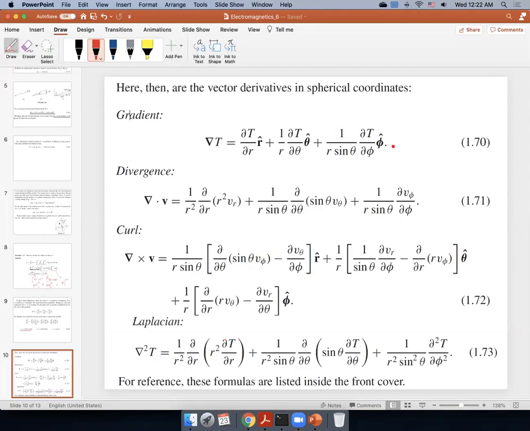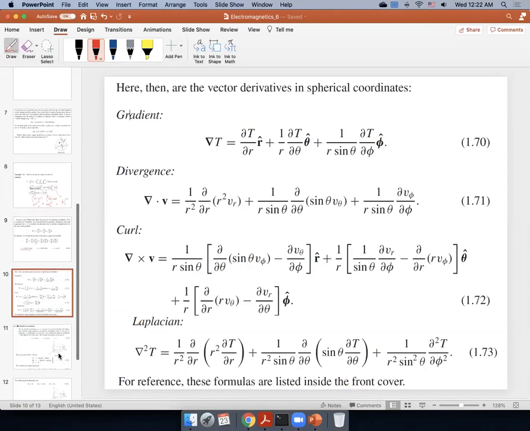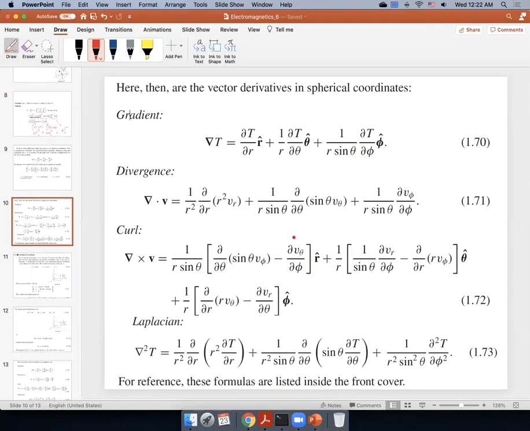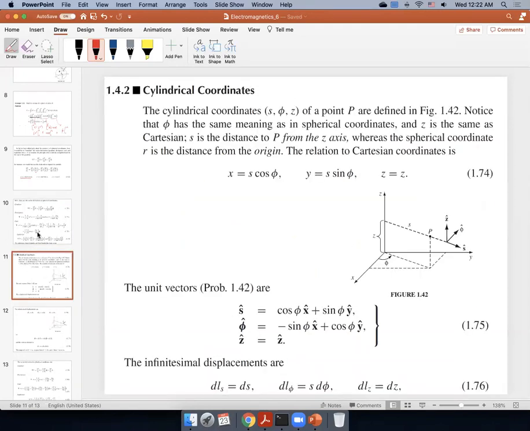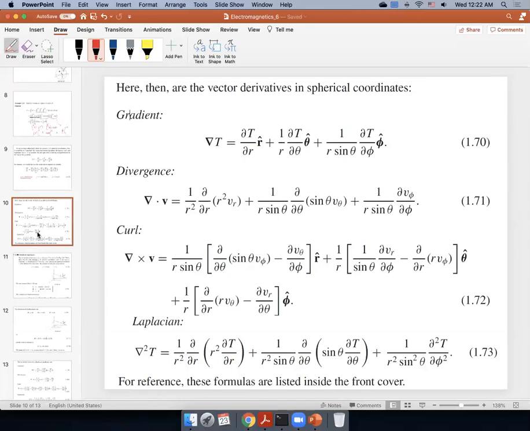It's difficult to remember all of those equations, so for reference, those formulas are listed in the front cover of the textbook. You can put them in the cheat sheet in the exam, so you don't have to really remember all of these. Okay, so that's for spherical coordinates.